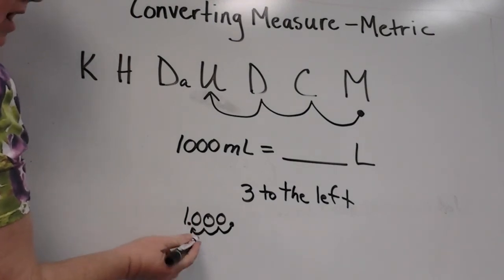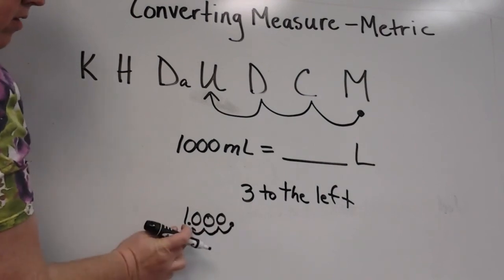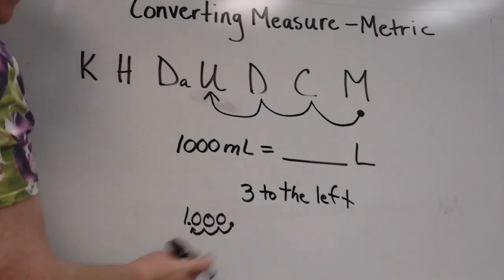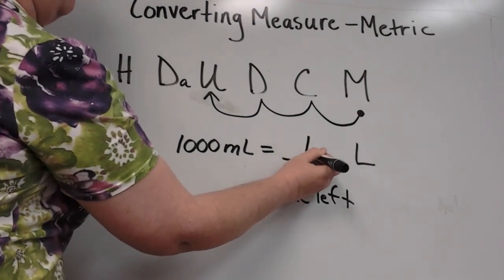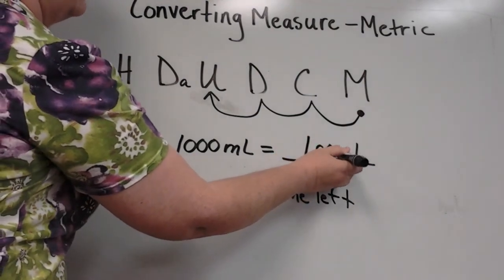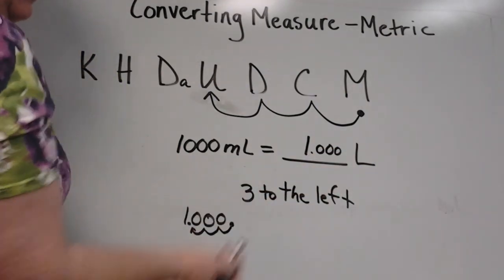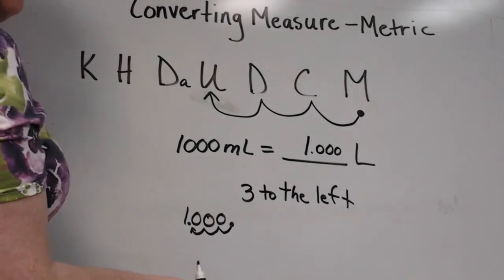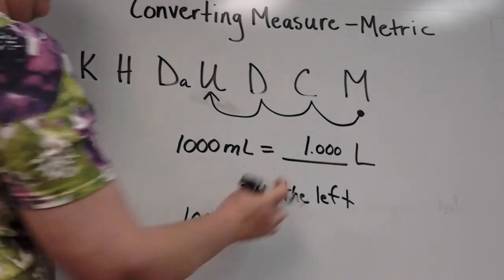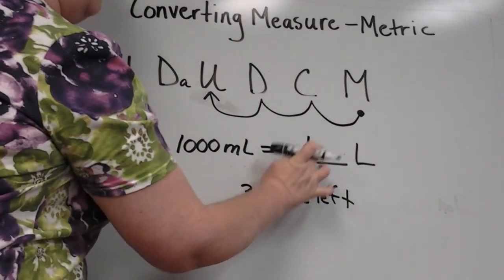So when I write it down, this decimal point moved over here, so that one's gone. So I'm going to write 1.000 liters. Do I need the zeros? Isn't that just another way to write 1? Right, so that's 1 liter.